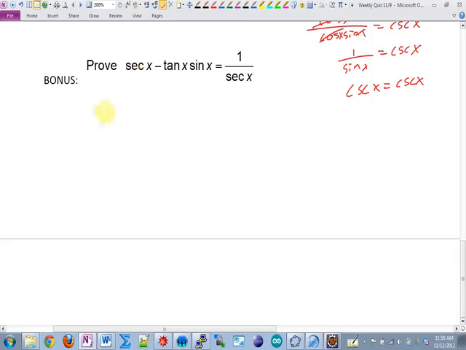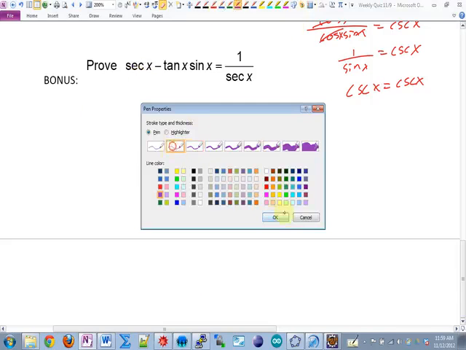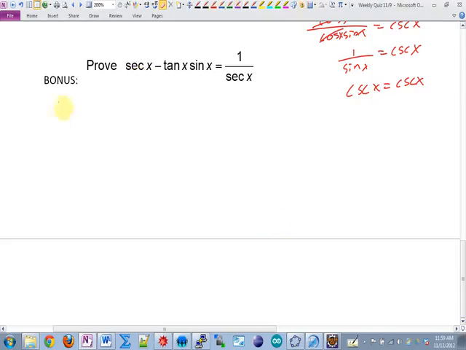So secant is 1 over cosine. So we can call secant 1 over cosine x. Tangent is sine over cosine. So you're going to have sine x over cosine x times sine x, which is sine squared x over cosine x.